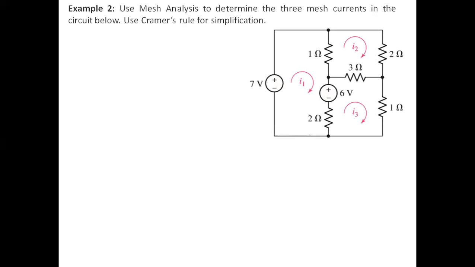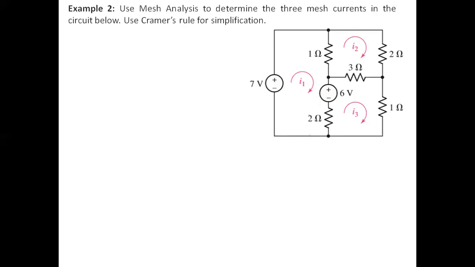That is Cramer's rule. Now the circuit is ready. The directions of the mesh currents I1, I2 and I3 are already mentioned, right? So there is no need to go for the directions again. Now what do we have to do here? We have to apply KVL for all 3 meshes, find the expressions and then write them in matrix form.